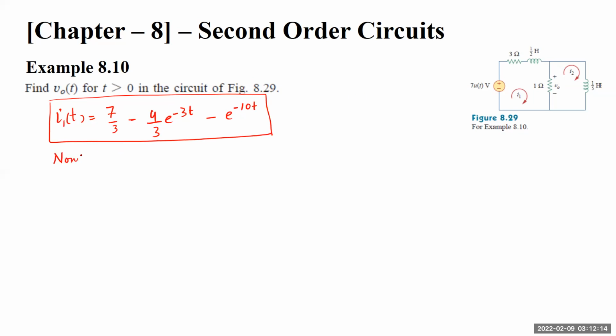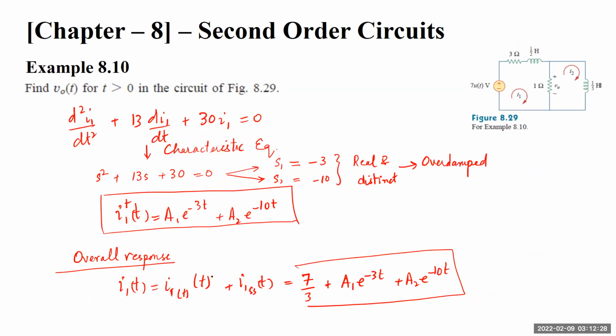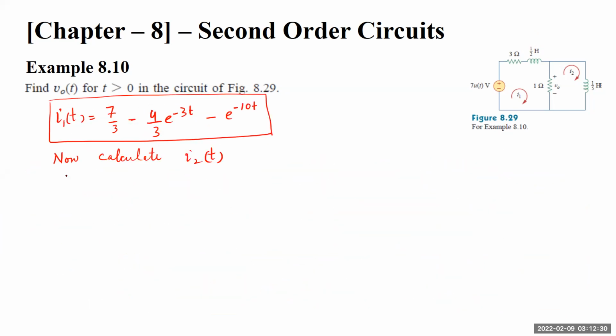Now calculate I2 of t. Remember, you have this equation: I2 of t is half dI1/dt plus 4 times I1.